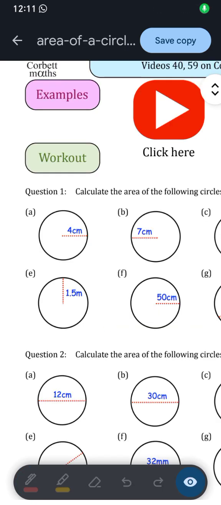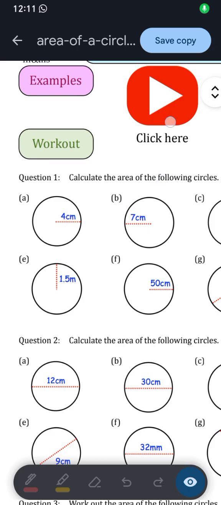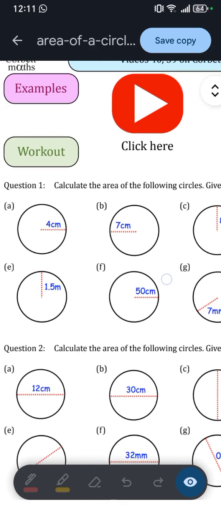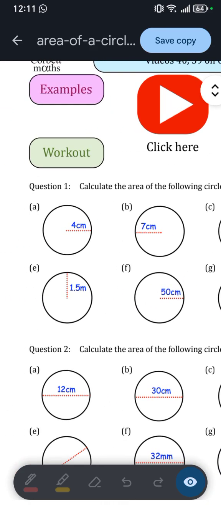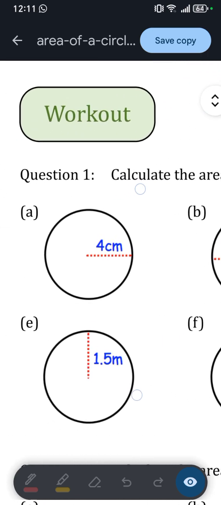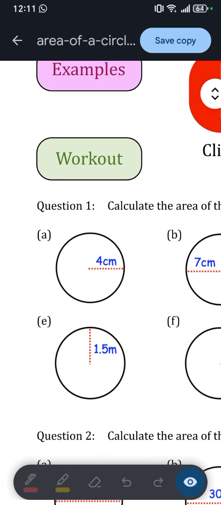Okay, so guys, these are the area questions. Give your answer to one decimal place. I'm not sure I can do all these questions, but I'm gonna try and help you understand. So they just say 4 centimeters.